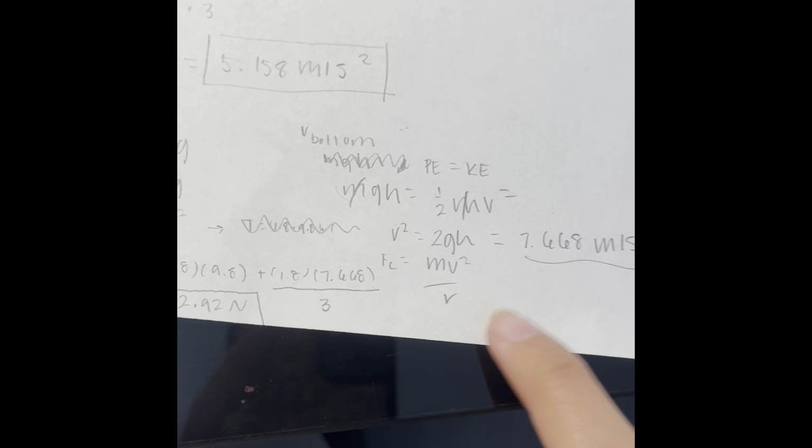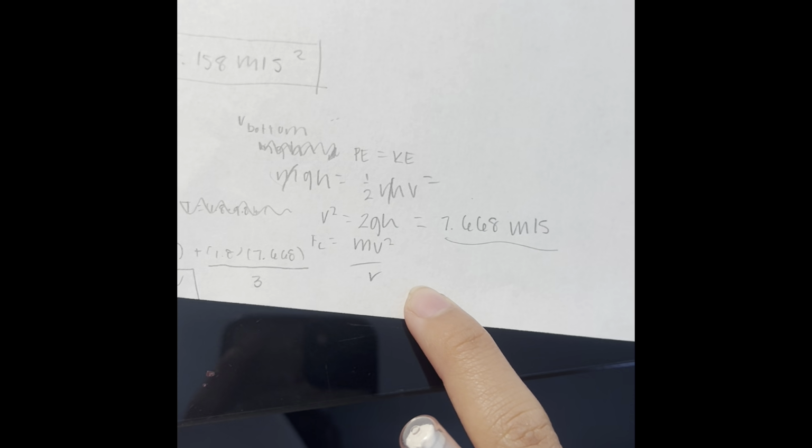And I did that here. So I'm just going to plug everything in. 1.8 times 7.668 is equal to 1.8 v1f plus 0.4 v2f.